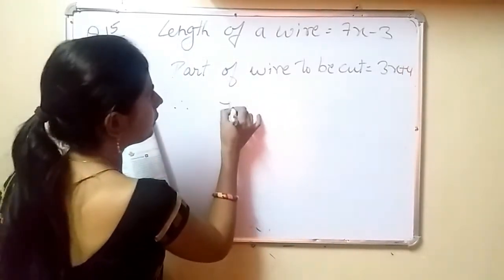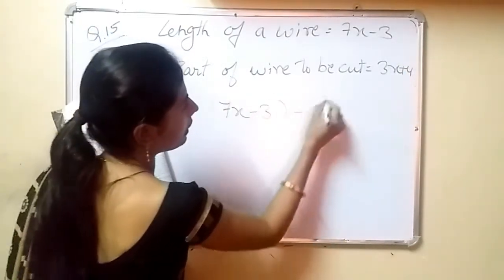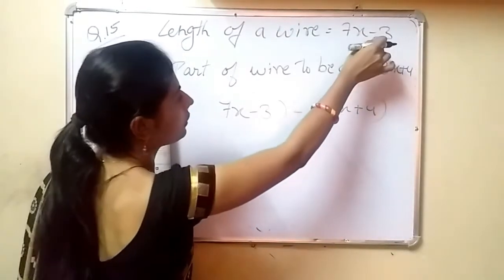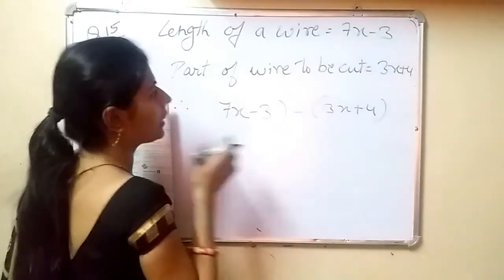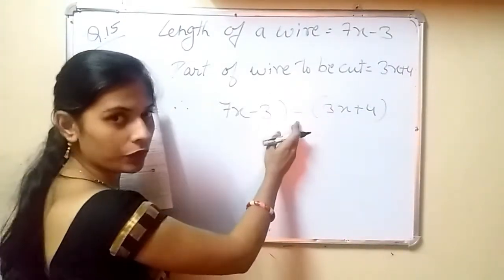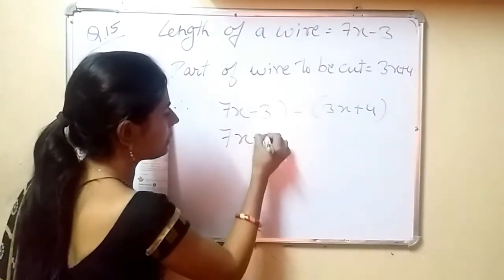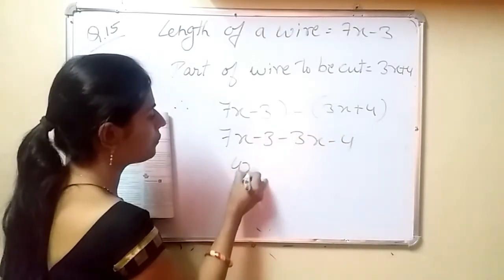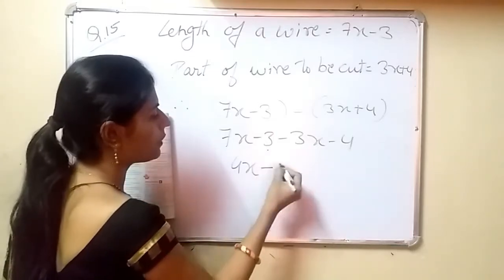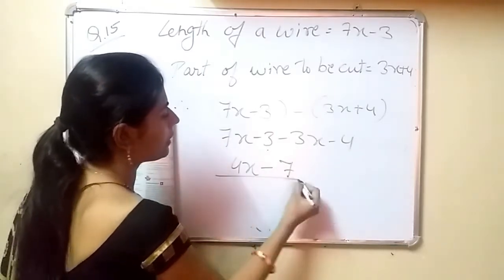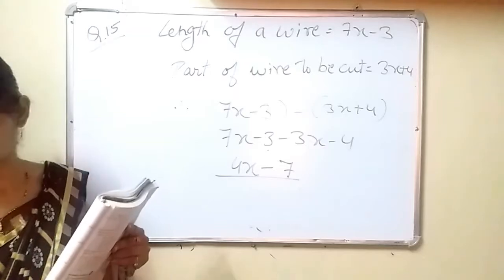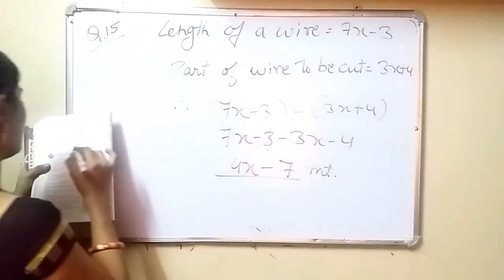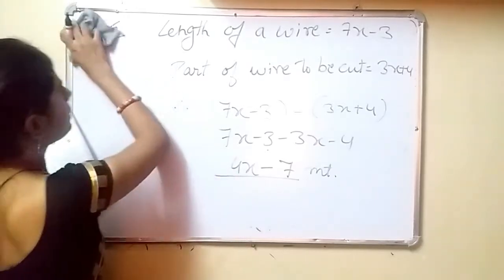Therefore, this part is cut from 7x minus 3, so we have to subtract it. So 7x minus 3 minus 3x minus 4. So 7 minus 3 it will become 4x, minus 3 minus 4 it will become minus 7. Okay. Here the unit also is meters. Now see question number 16.